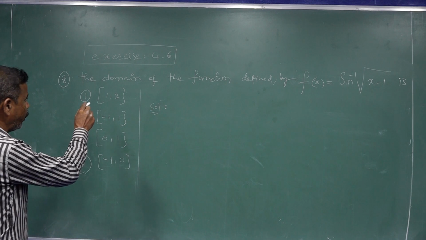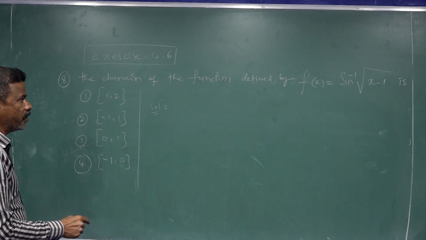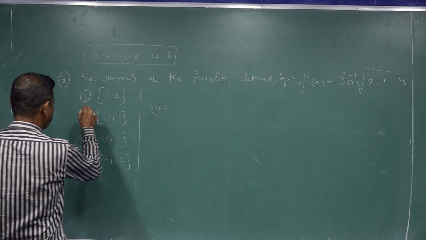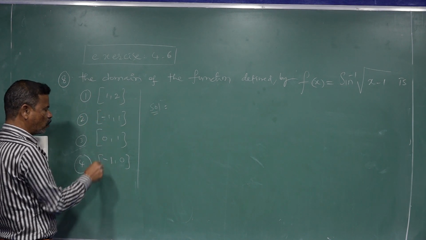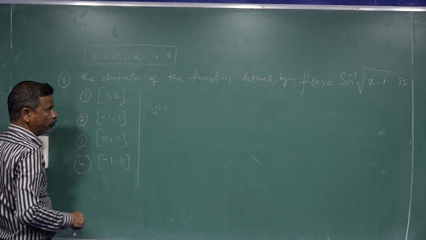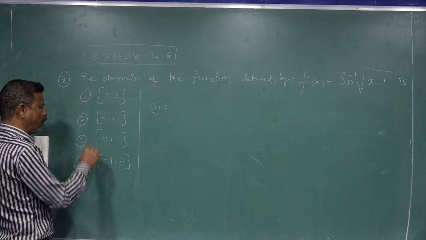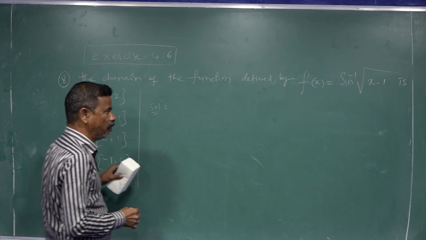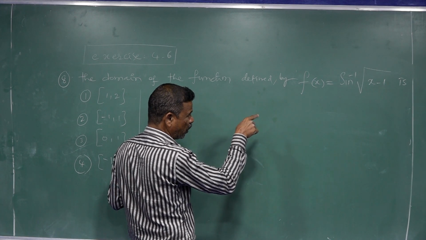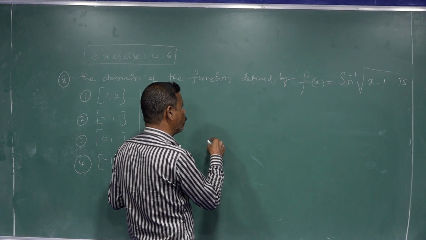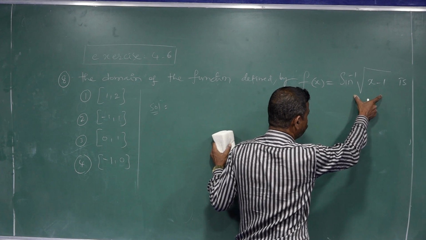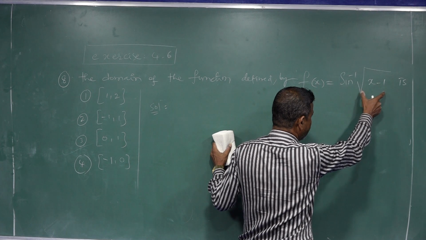Here the domain of the function defined by f(x) is equal to sin inverse of root of (x minus 1) under root 2 is, first question, closed intervals: 1 comma 2, minus 1 comma 1, 0 comma 1, minus 1 comma 0. Here two methods, verification method and solving method. On the solving method, sin inverse of this value lies between minus 1 to 1.